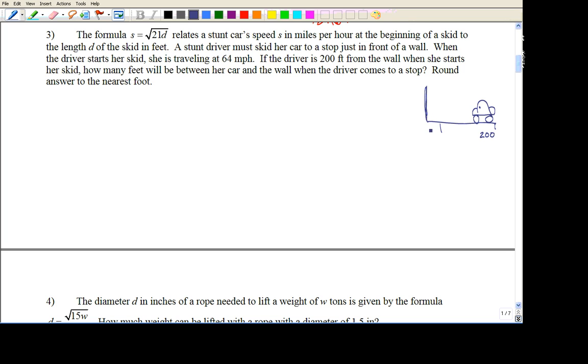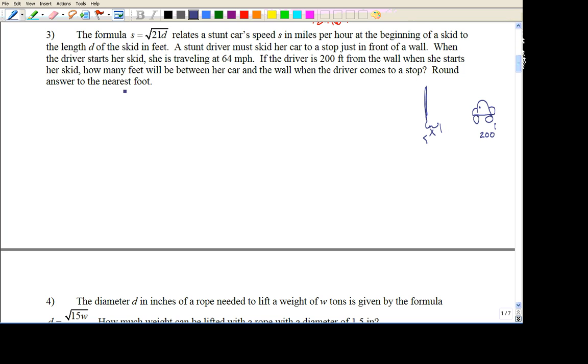We're trying to figure out how much distance is between her and the wall when she stops. So the length of the skid is going to be 200, because that's how far she's starting away from the wall, minus x. So that's just this part right here. So 200 represents the whole thing, but the skid is only this part right here. So if we take out the x, that will leave us with the length of the skid.